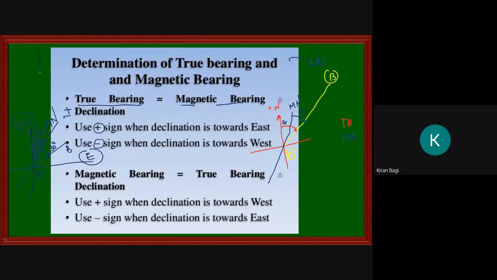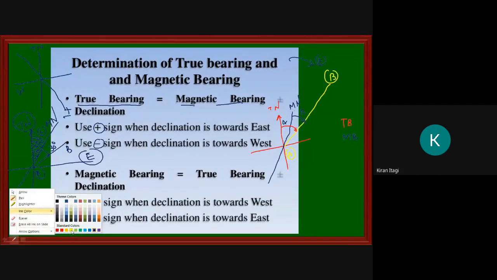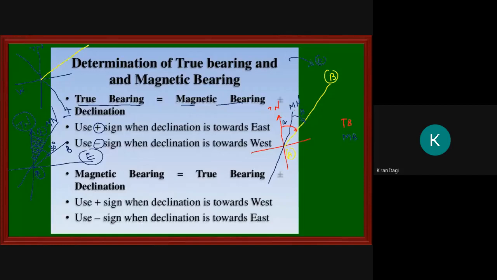Suppose I draw the quadrant, this is my true north, and the declination is towards the western side. My bearing is here. This is A, this is B. I have measured the angle with respect to the magnetic north, say you have got 30 degree. How much excess have you taken?